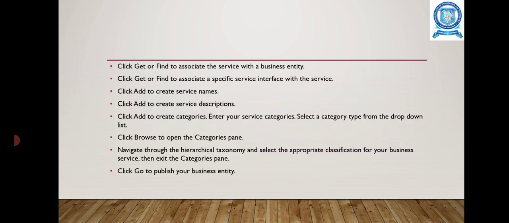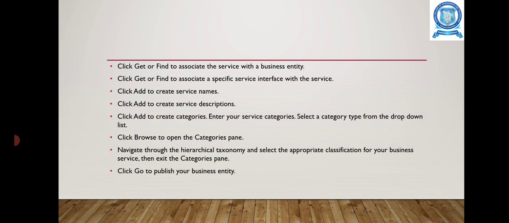Then click Get or Find to associate the service with the business entity. After that, click Get and find the associated specific service. Then click Add to create the service name. Then click Add to create the service description. After that, click Add to create categories. Here enter your service category.